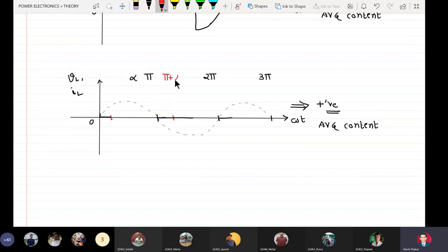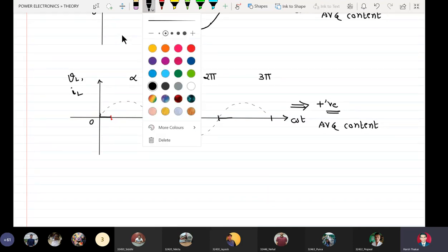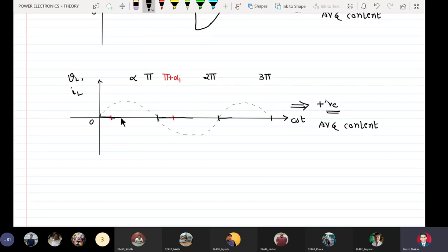You have to shift pi plus alpha 1 here. This will be my pi plus alpha 1.